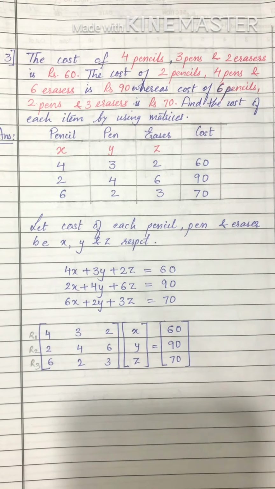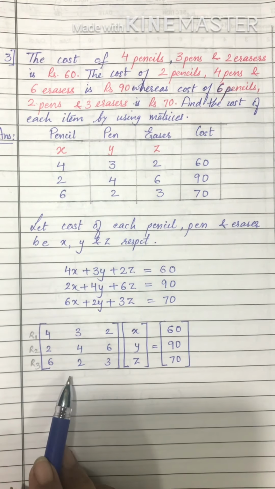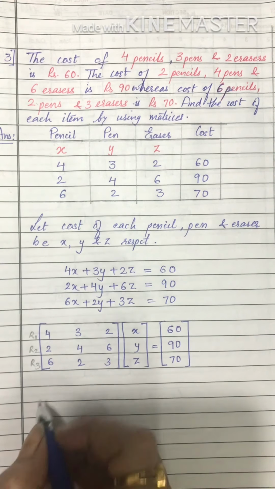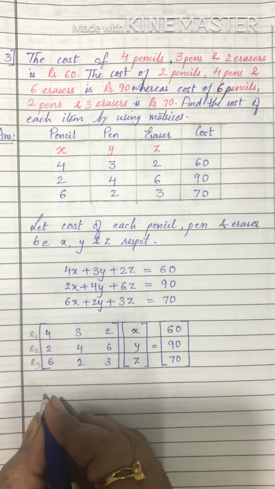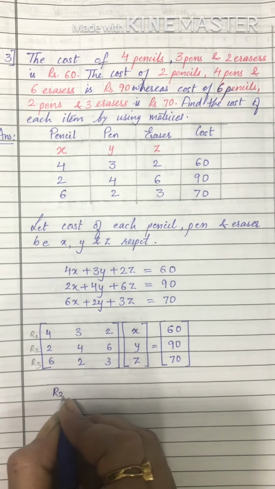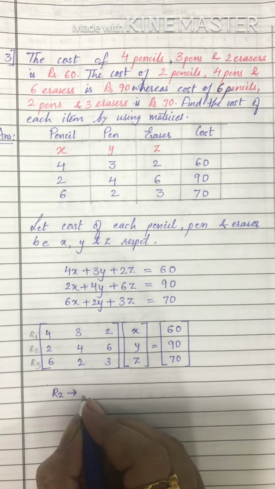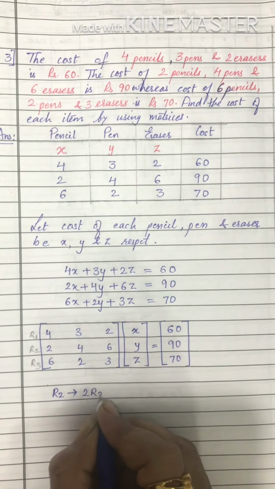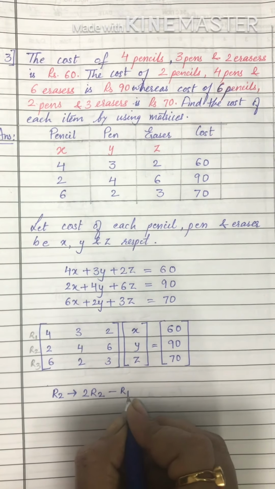Okay, so what we can do here, let's think. First of all, for R2 the transformation is R2 becomes 2R2 minus R1.